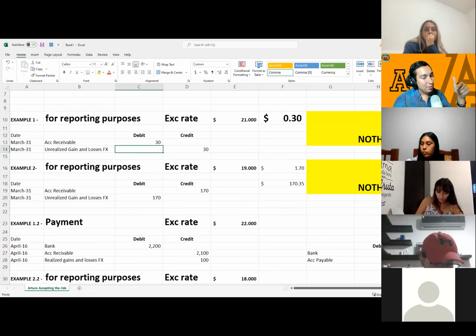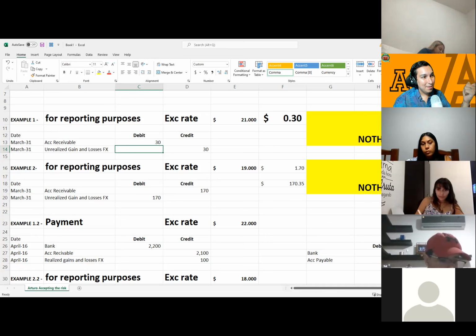What does hedge mean? Anybody? Remember the derivatives? Correct. You can create a synthetic hedge with these types of operations by transferring the risk to the other party.